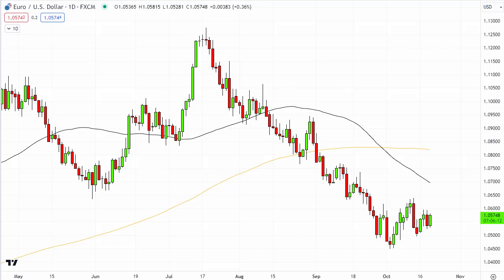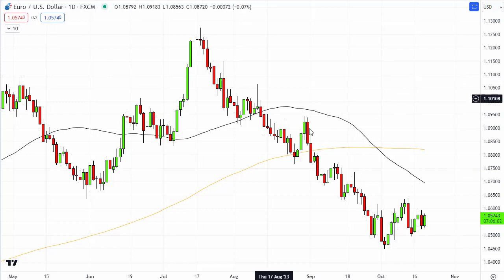So let's have a look at the moment as I'm recording this. The euro's on an up day. It's not broken to new lows at the moment against the dollar, but the dollar is in a very overall strong position at the moment. But that's where the euro is. It's not breaking down as of when I'm recording this.